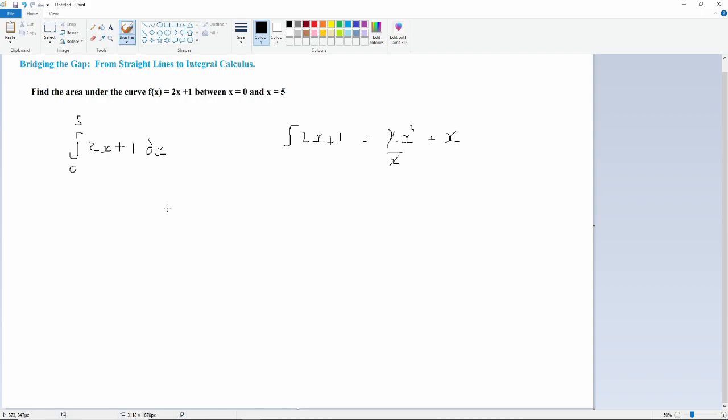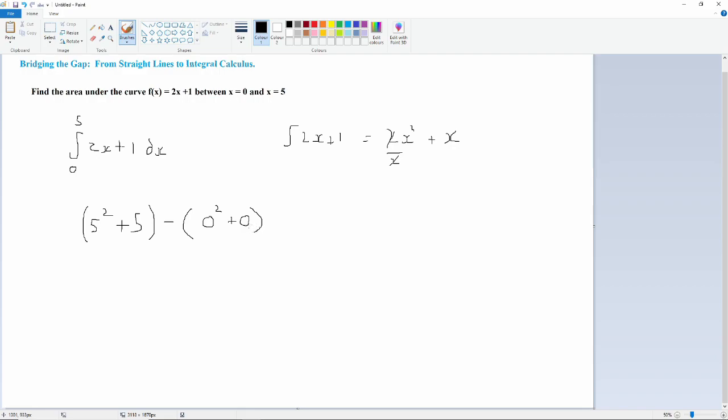So we have 5 squared plus 5, all minus 0 squared plus 0.